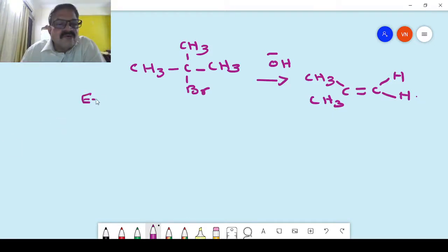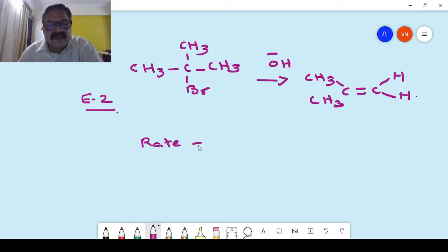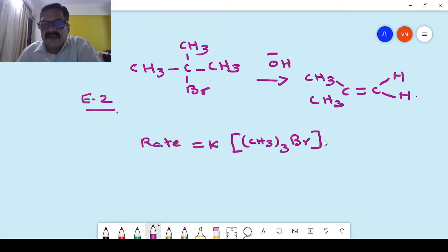We are discussing the E2 mechanism. E2 means the kinetics is second order. What is meant by second order kinetics? The rate of the reaction is equal to k, the rate constant, times the concentration of the alkyl halide and the base.